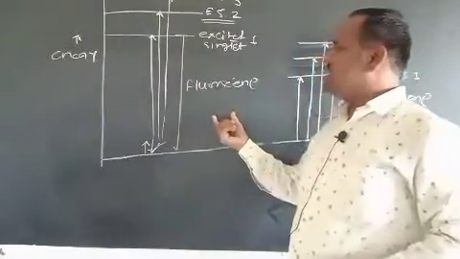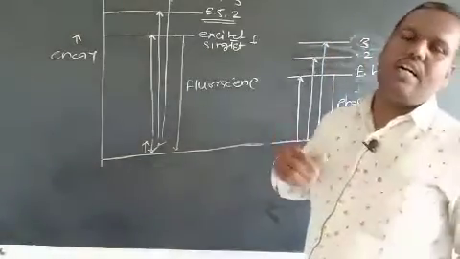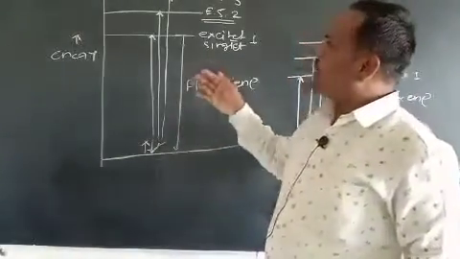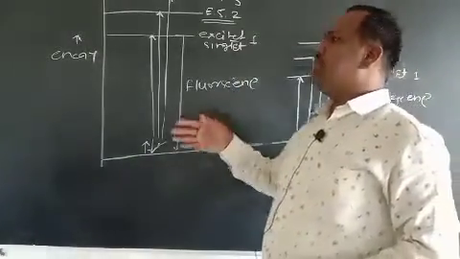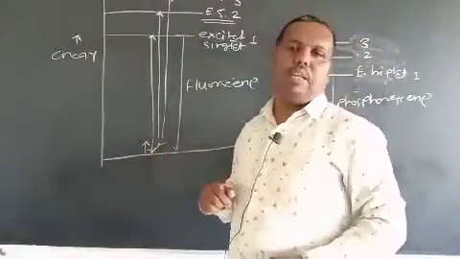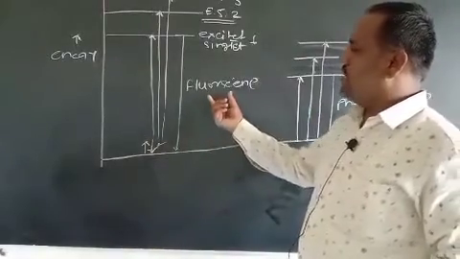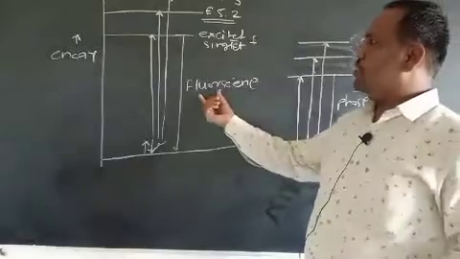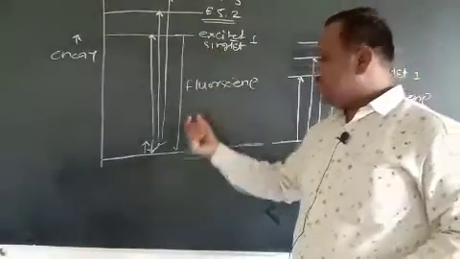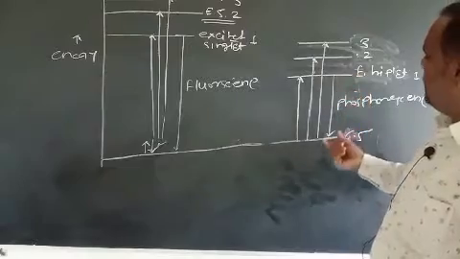When the electrons, atoms or molecules return to the ground state, they emit certain radiation in the form of light, and therefore fluorescence and phosphorescence are radiative processes.